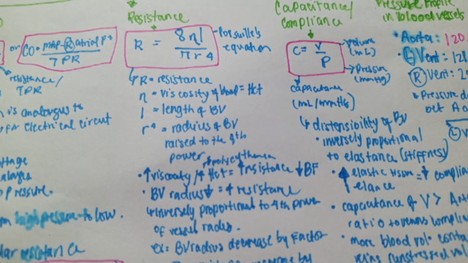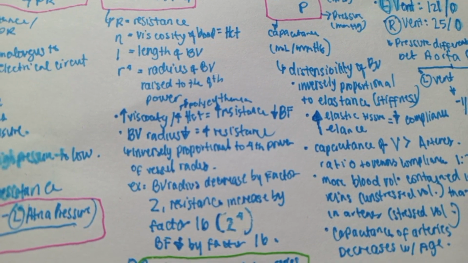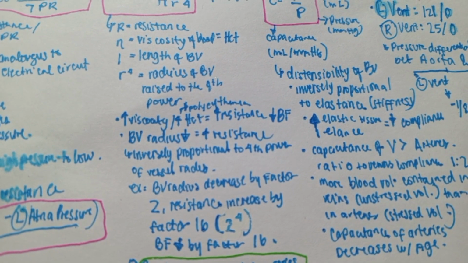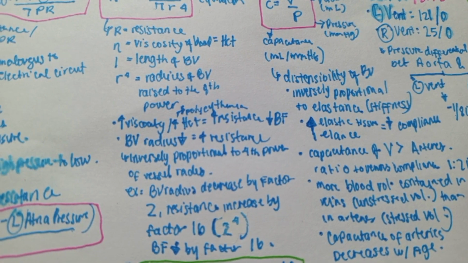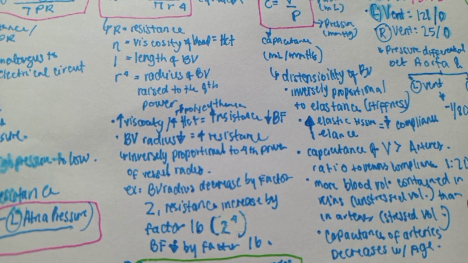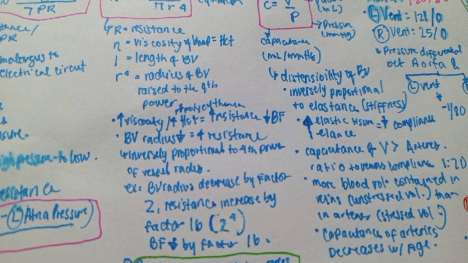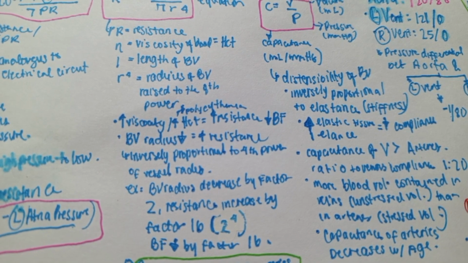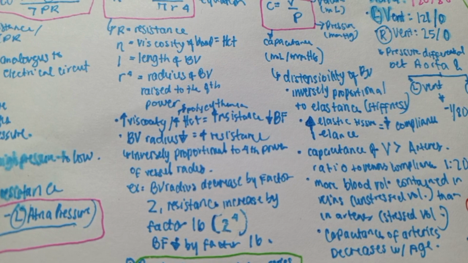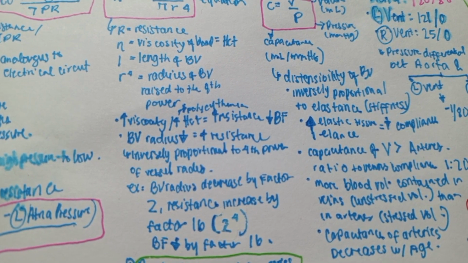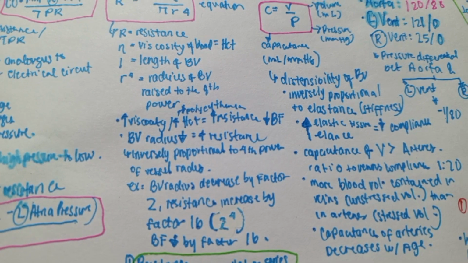An example of this is if the blood vessel radius is decreased by a factor of 2, resistance increases by a factor of 16, because if you multiply 2 to the fourth power, 2 times 2 is 4, 4 times 2 is 8, and then 8 times 2 is 16. That's why the resistance is increased by a factor of 16, and the blood flow is decreased by a factor of 16.